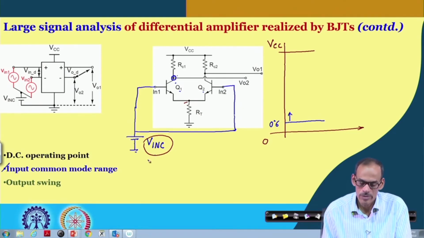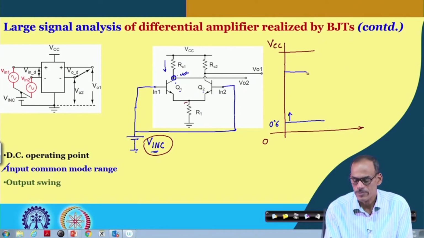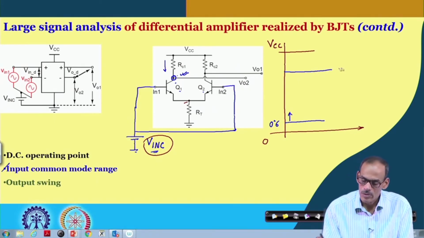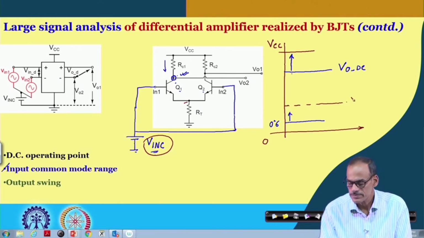That is the lower limit. Then for a given Vinc we have some current flow here, and then of course, there will be some IR drop, so the corresponding DC voltage here may be somewhere here. Now, this is VO DC. This DC voltage can go as high as, or it may go close to, VCC. On the other hand, it can go as low as, suppose we have some Vinc given to us.